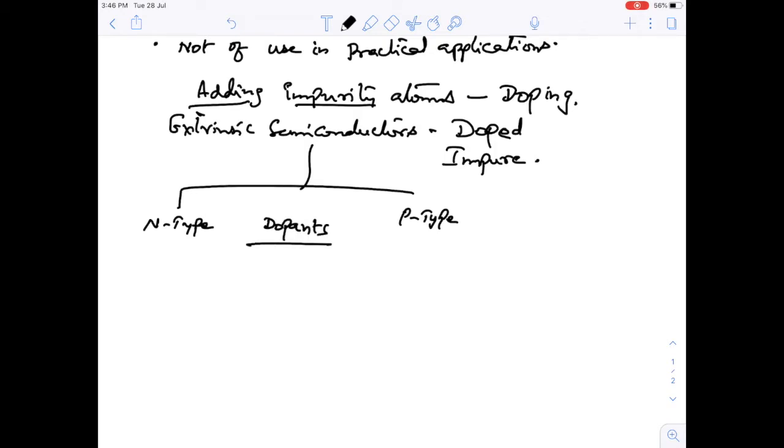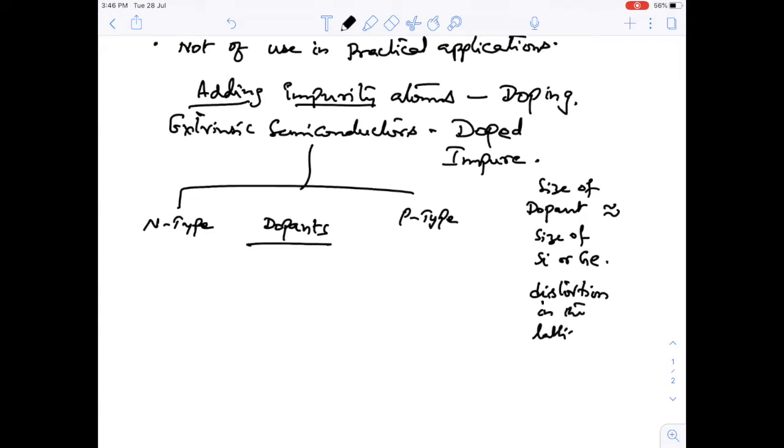Now, how do we decide these dopants? The size of the dopant should be very close to the size of the semiconductor material, that is silicon or germanium, so that there will not be any distortion in the lattice structure.